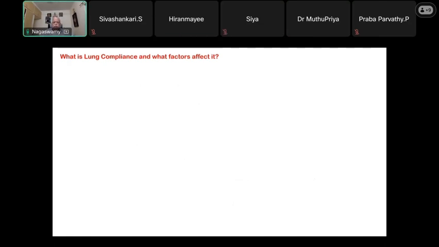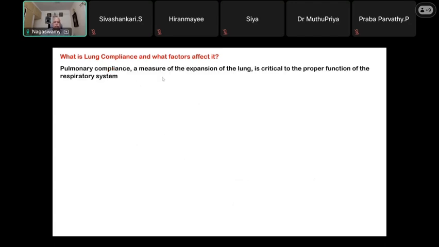Whenever you apply pressure, you can increase the volume because this is an elastic structure. The alveoli is an elastic structure, so if you apply more pressure, you can increase the volume that the alveoli can hold. Pulmonary compliance is a measure of the expansion of the lung. It is critical for the proper functioning of the respiratory system, and it is calculated as change in volume divided by change in pressure.